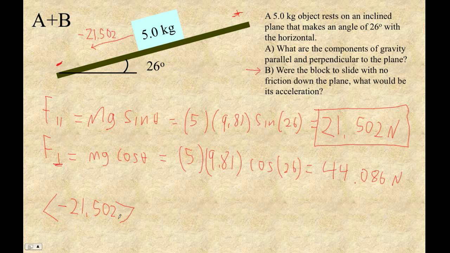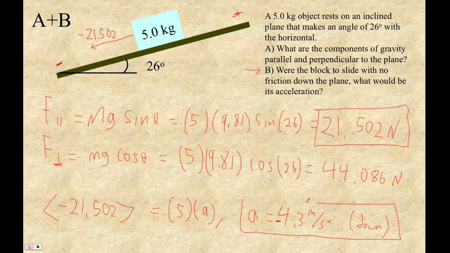The parallel force is the only force acting, and that's 5 times a. Then I can solve for a: 21.502 divided by 5 is just a little more than 4.3. We get a negative, which just means down the plane.